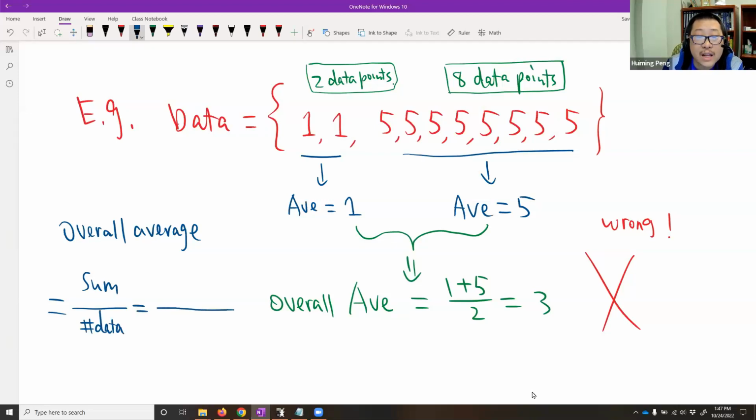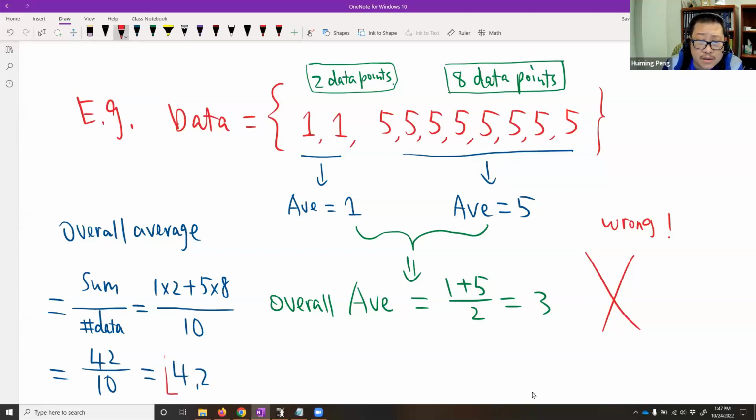And then we do the calculation. I have 2 1s, we have 8 5s, the number of which is 10 in total. And then we get 42 over 10, which is 4.2.